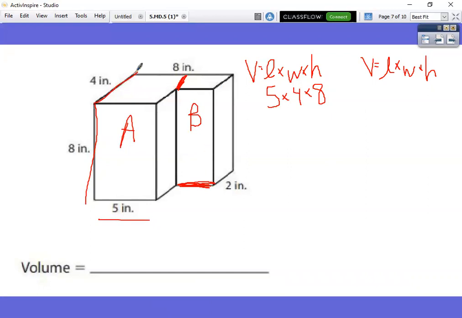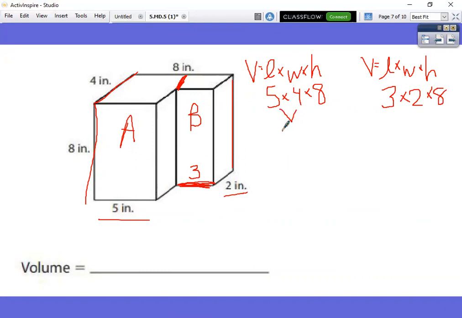Well, I see that all the way across the top up here is 8 inches. And I also see that the length of prism A was 5 inches. 5 plus what is going to equal 8? That's correct, 3. So we know that that length has to be 3. I'll put that in my formula. Here's our width, 2 inches. And our height is the same as prism A at 8 inches.